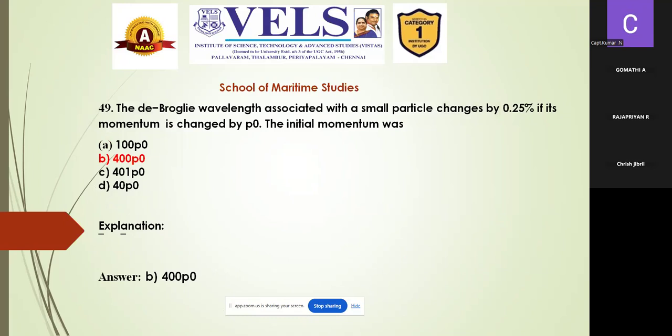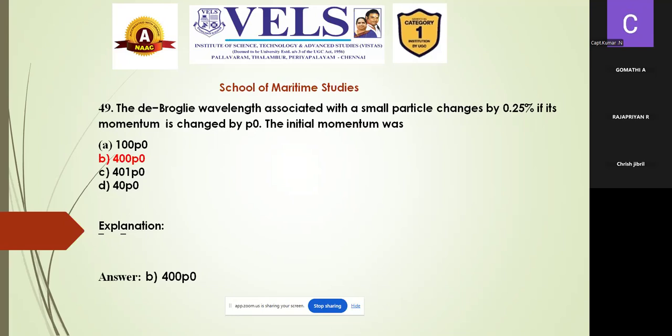The de Broglie wavelength associated with a small particle changes by 0.25 percentage if its momentum is changed by P naught. What was the initial momentum? We need to find out the initial momentum.